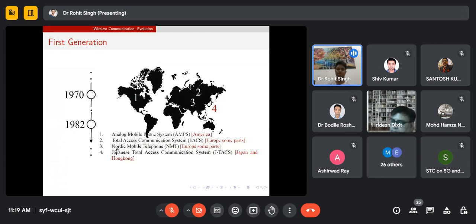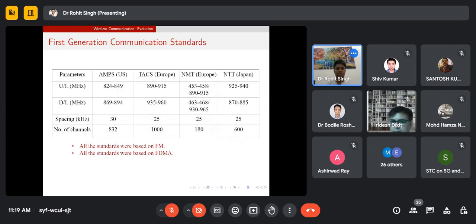Another standard in Europe was Nordic Mobile Telephone, NMT, and another was Japan Total Access Communication, NTT. Roughly, the spectrum of the first generation communication systems is AMPS, TACS, NMT, and NTT. As you can see, different parts of the globe were using different frequency bands for uplink and downlink.